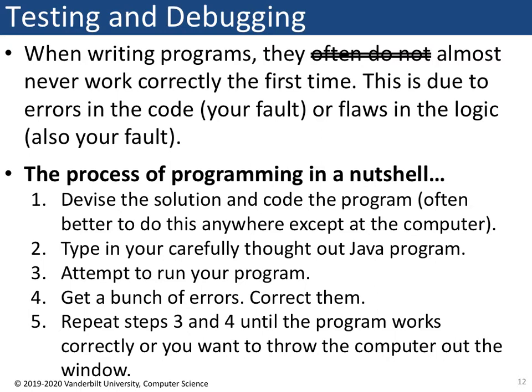Computers only do exactly what you tell them to. So if you tell them to do something that ultimately won't solve the problem, that's your fault. If you don't tell it to do what you intended to tell it to do, that's also your fault. So the process of programming here, sort of in a nutshell, you come up with a solution and code the program.